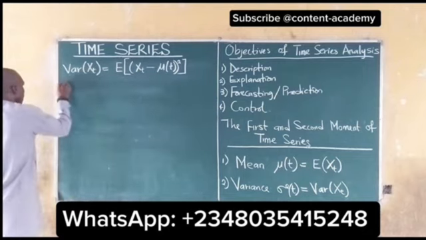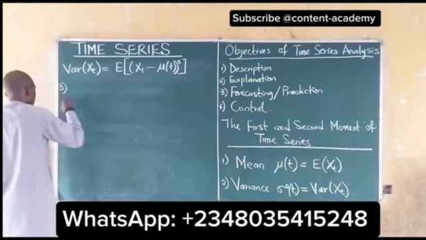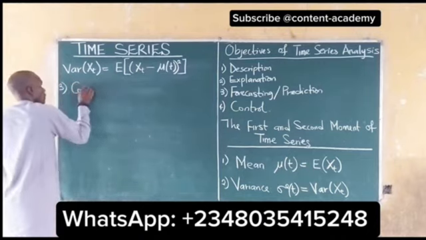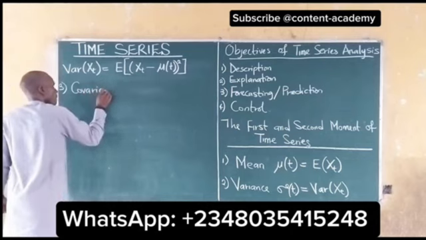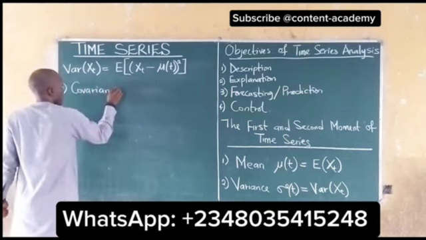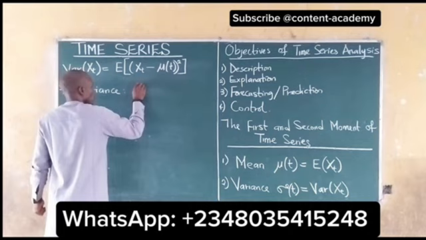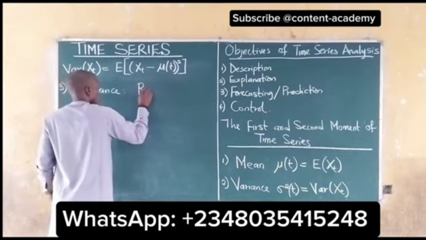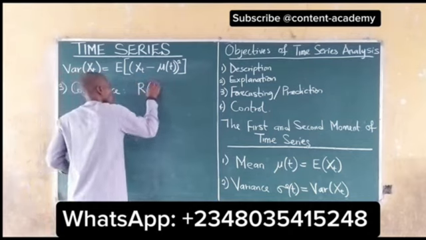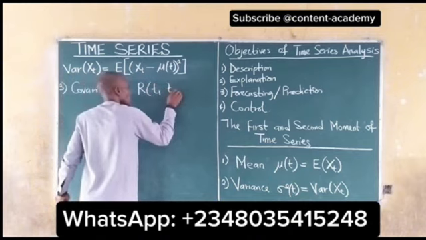Or we have again the covariance, which we can denote as R of t1, t2.